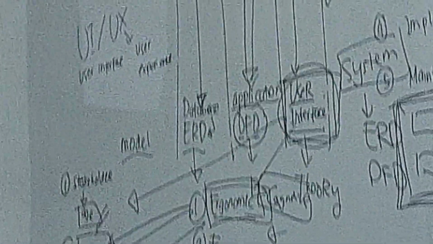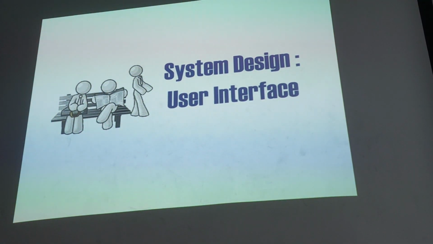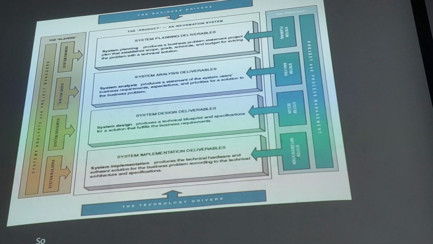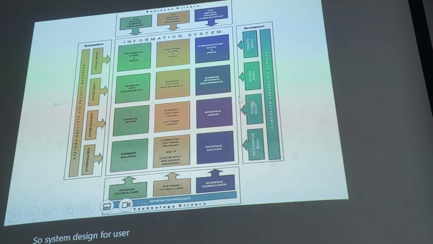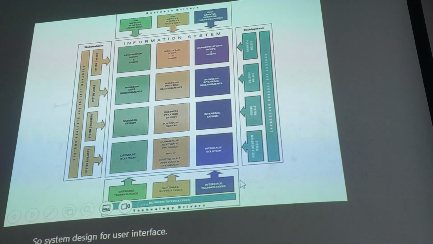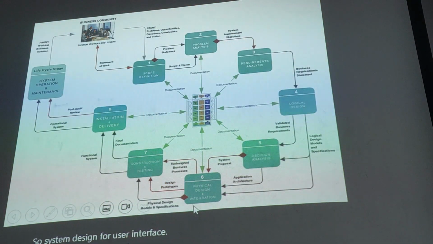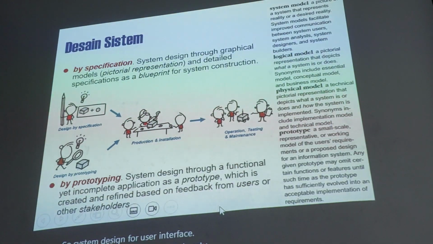So they will know the discipline to do. So system design for user interface. We are now in the third vertical. And then this is the same.